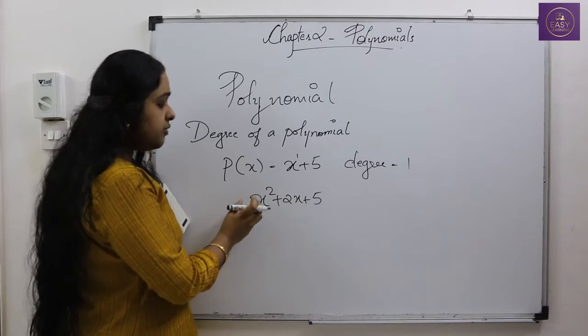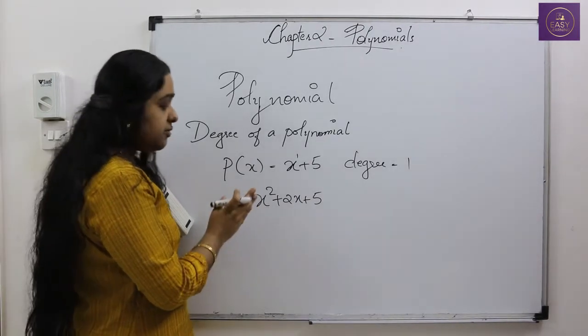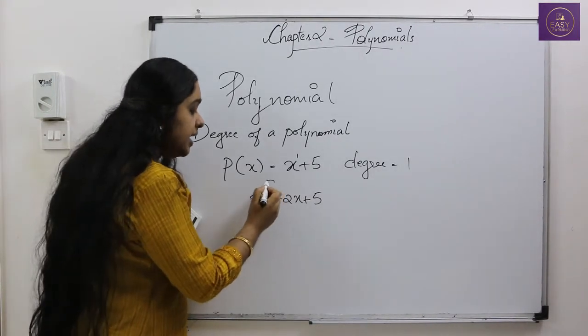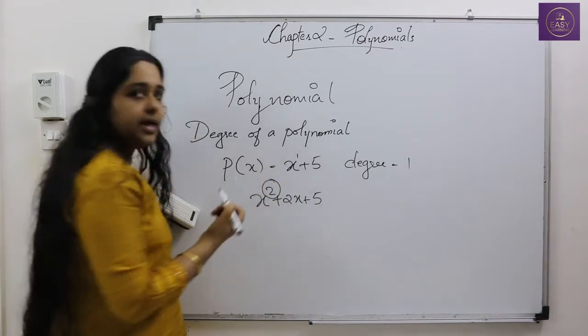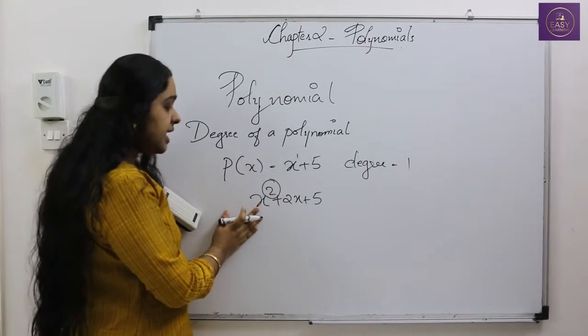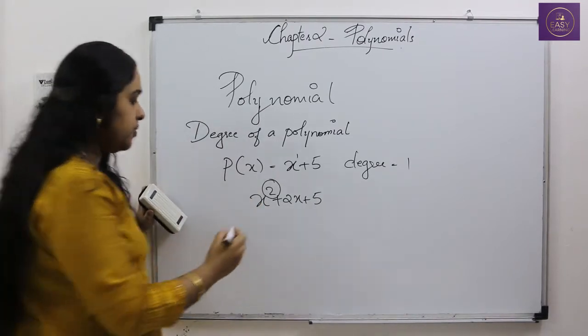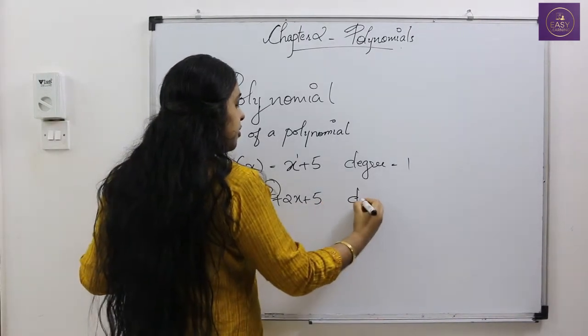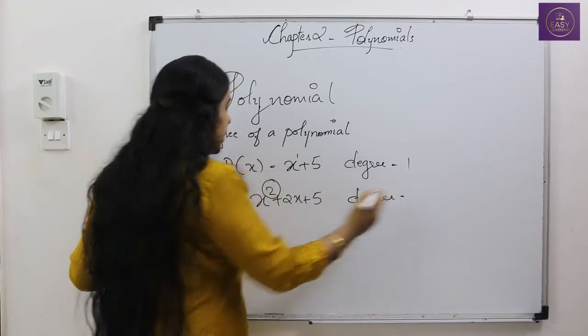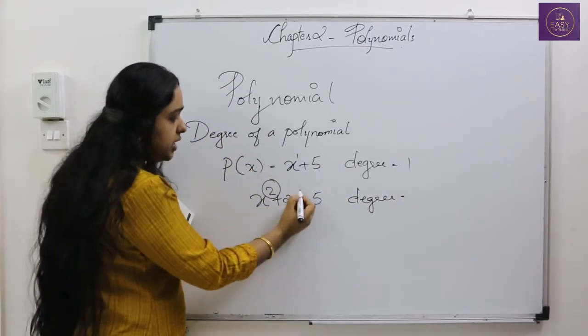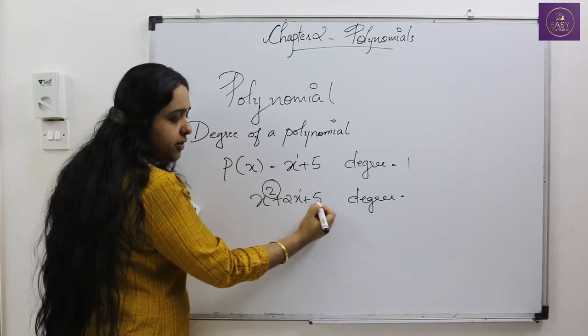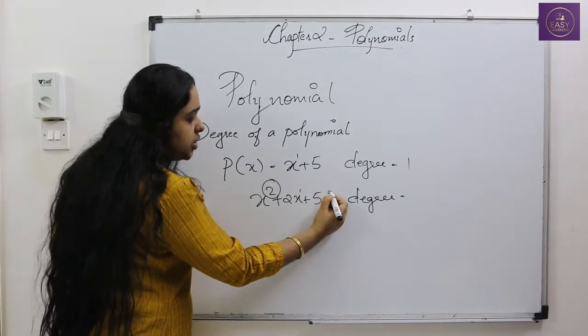What will be the degree of this polynomial? The degree of a polynomial is the highest exponent of x, or the highest power of x. Here the exponent is 2, here it is 1. 5 means 5 times x raised to 0.